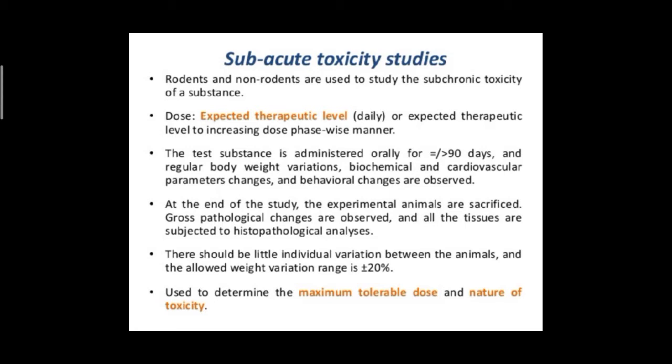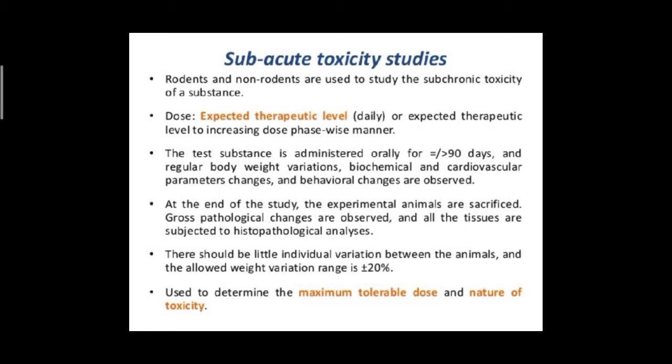At the end of the study, they will kill the animal. Why? For the histopathological analysis. Okay, for the histopathological studies, they will kill the animal. After killing the animal, they will take out the tissue of any organ, brain or heart or renal, liver.